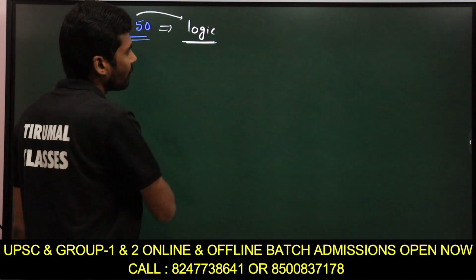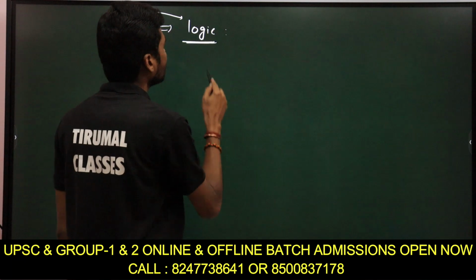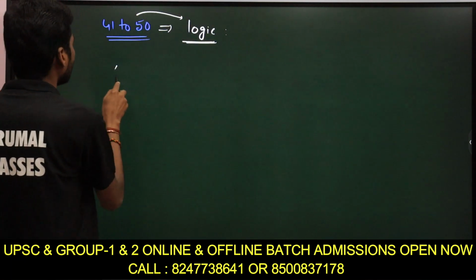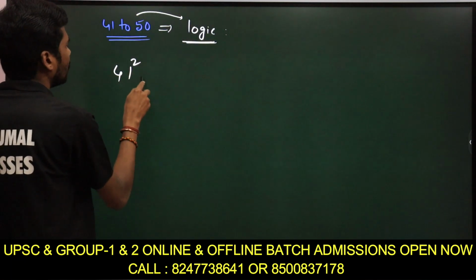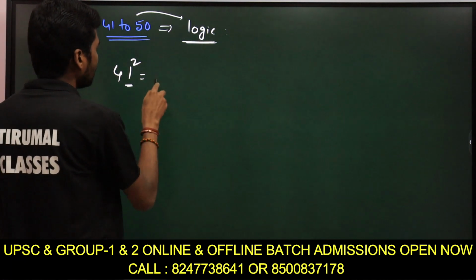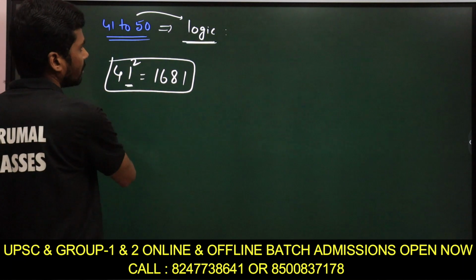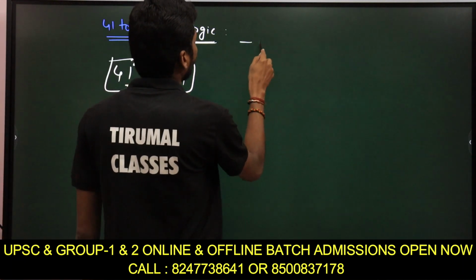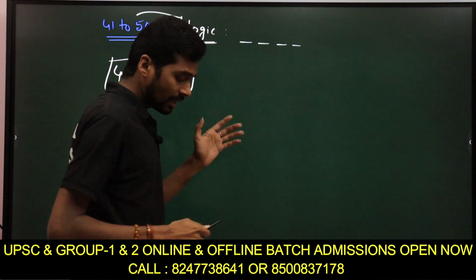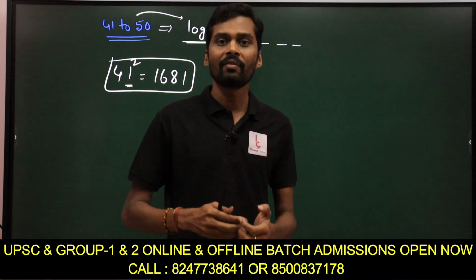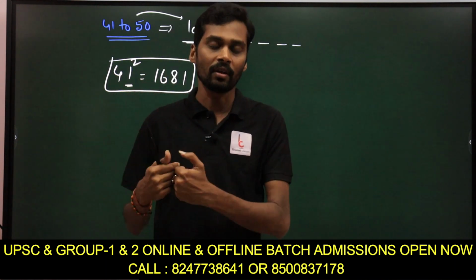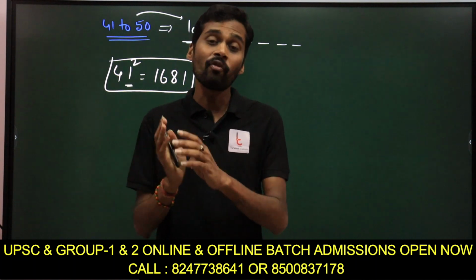Suppose I want to find out 41 square, the answer is 1681. The logic is, for the numbers from 41 to 50, the final square number is a 4-digit number.